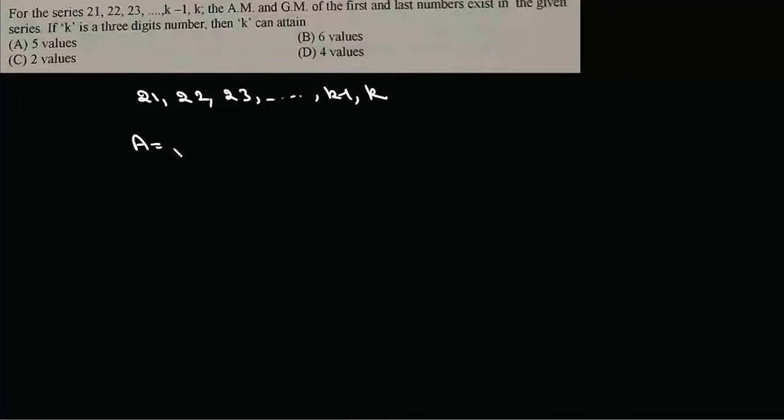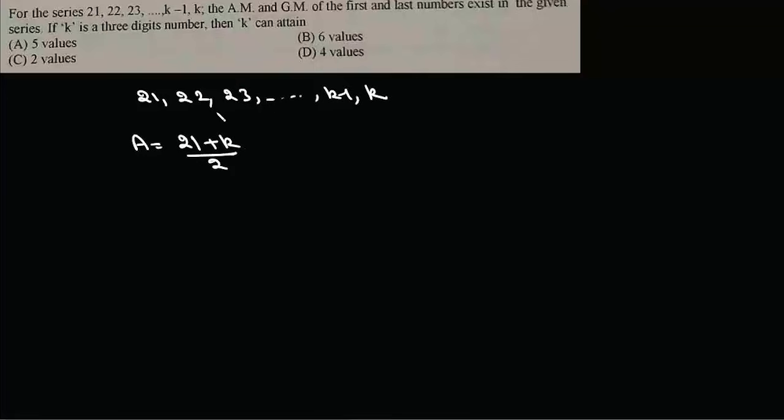Now the question is, for the series 21, 22, 23 up to k minus 1 and k, the AM and GM of the first and last numbers exist in the given series. If k is a 3-digit number, then k can attain how many values? Now, their arithmetic mean will be (21 plus k) divided by 2.